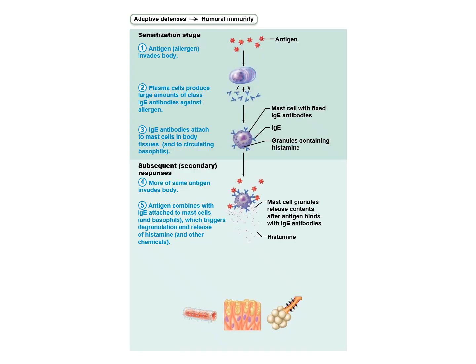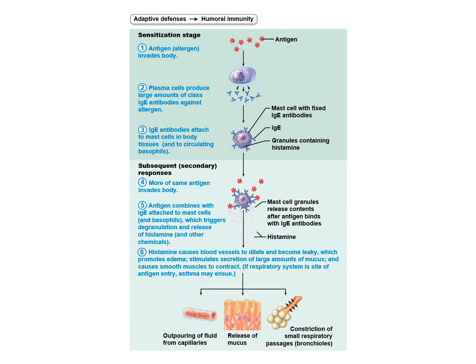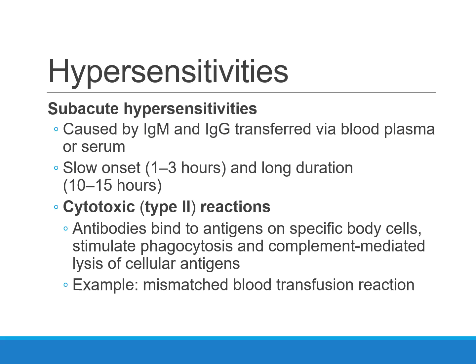The antigen combines with IgE and attaches to the mast cells, which triggers degranulation and release of histamine and other chemicals. The histamine causes the blood vessels to dilate and become very leaky or permeable, which causes edema. Edema stimulates a lot of mucus and causes smooth muscle to constrict or contract, and so if the respiratory system is involved, then asthma may ensue.